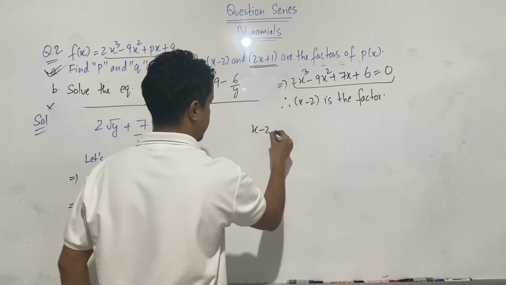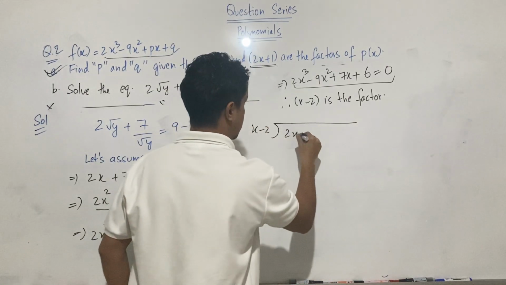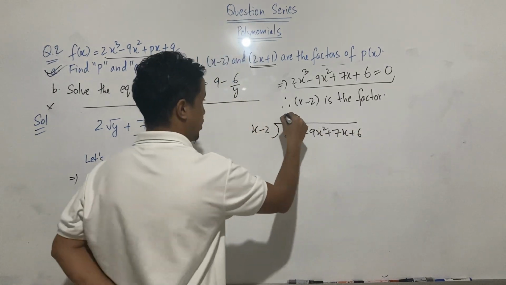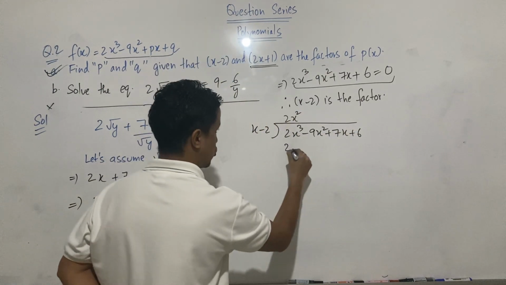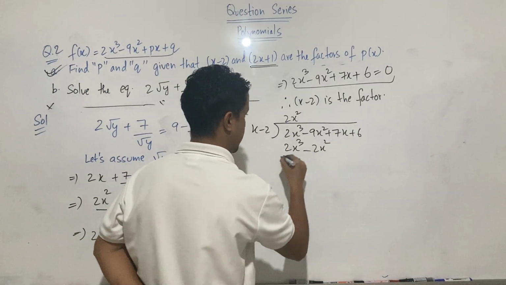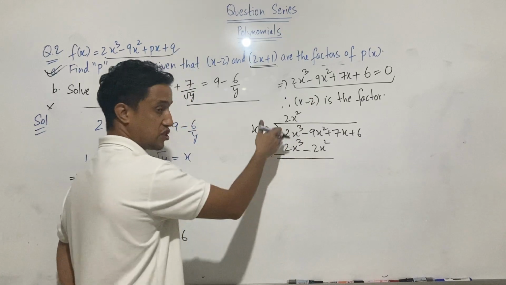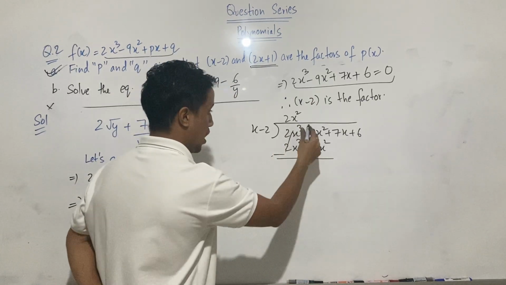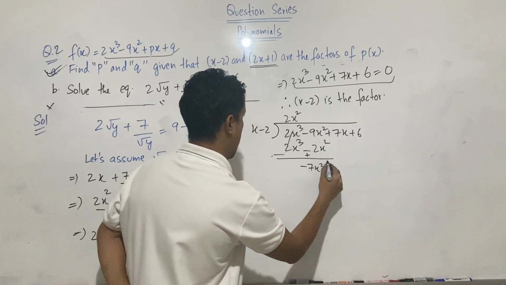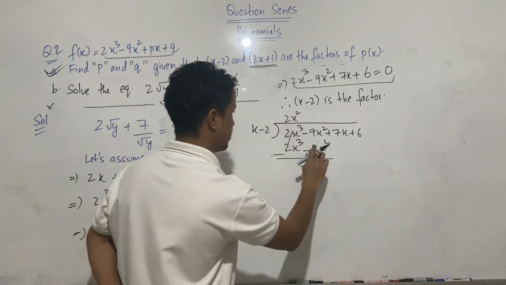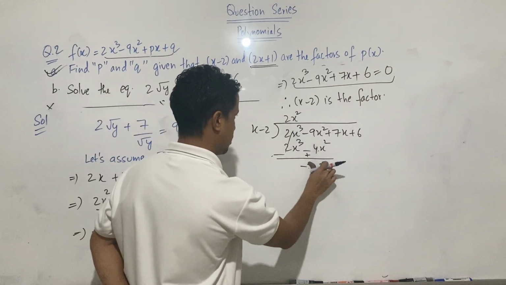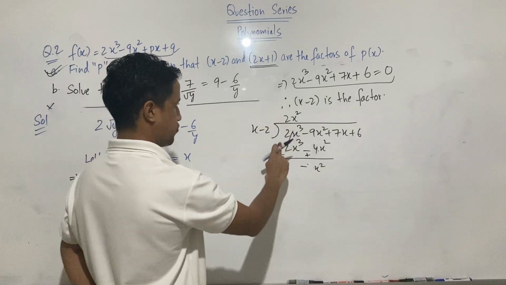I will divide it: 2x cubed minus 9x squared plus 7x plus 6. Here 2x squared, here 2x cubed minus 2x squared, so the subtraction signs changed. Here I will get minus 7x squared, sorry, this is 4, and this is going to be 4x squared.